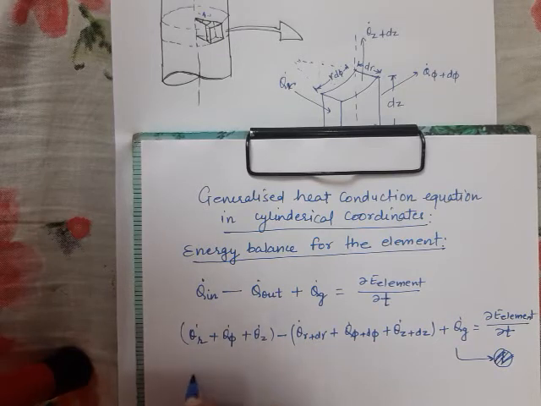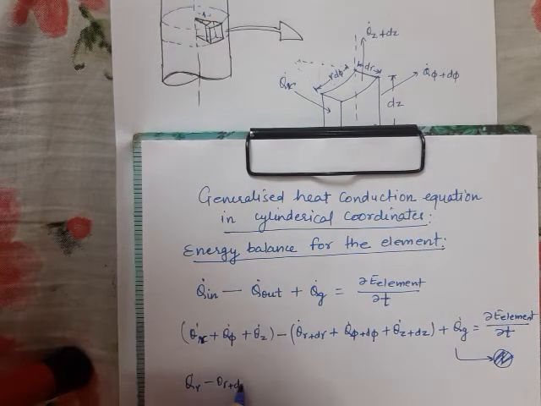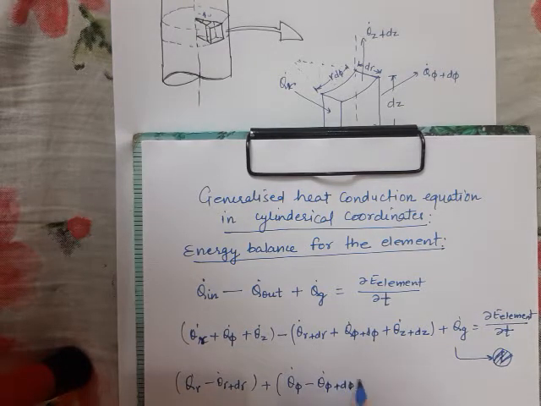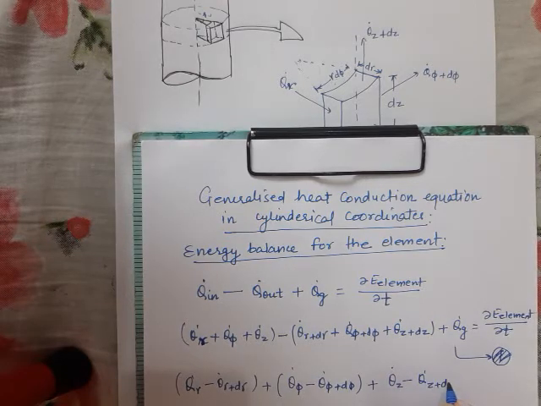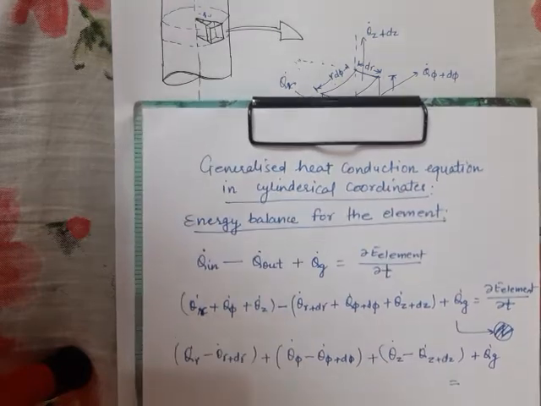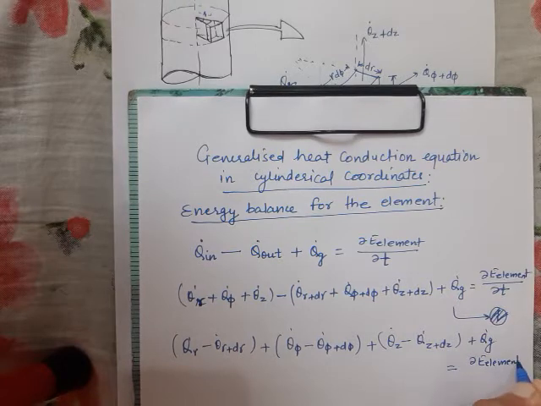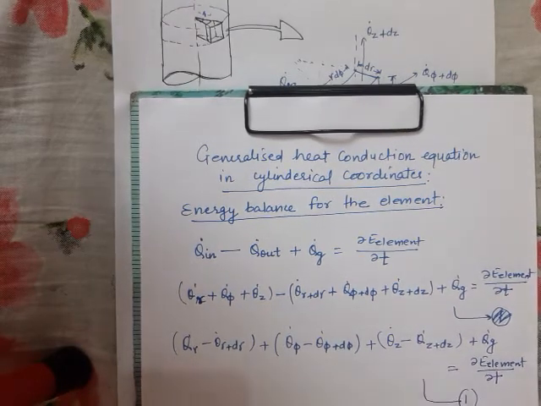This equation can be written as Q dot R minus Q R plus dr, plus Q phi minus Q phi plus d phi, plus Qz minus Q z plus dz, plus Q dot G is equal to del E of the element by del T. Now this equation can be written as equation 1.